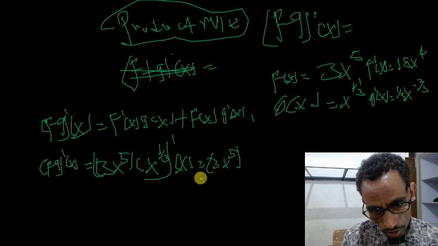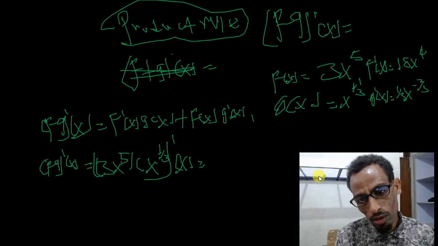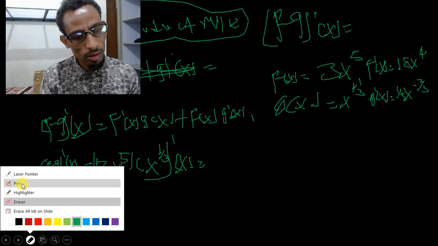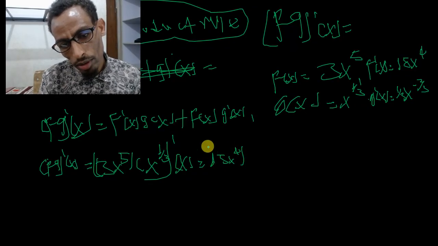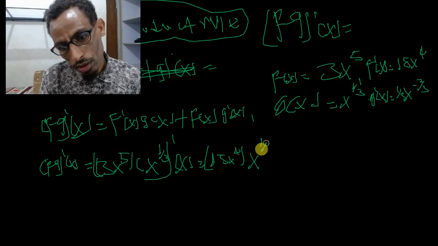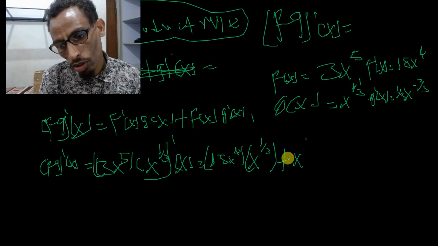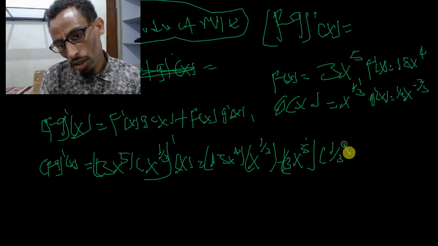So we can easily express this as 15x to the power of 4 times x to the power of 1 over 3, plus 3x to the power of 5 times g derivative at x, which is 1 over 3 x to the power of minus 2 over 3.